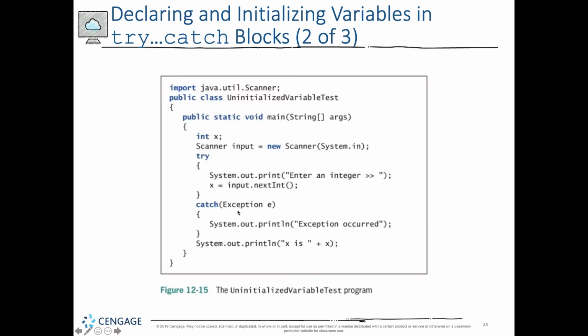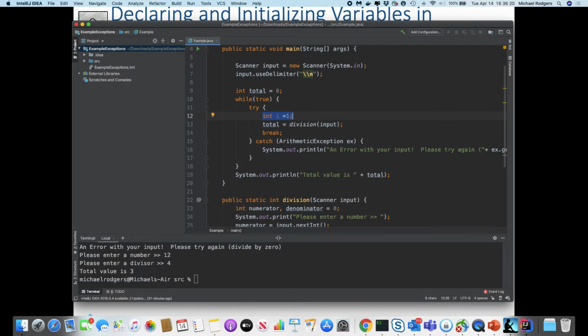An exception occurred, and then they do this here. But because x was never properly initialized, it's going to throw an error. And the error it would throw is uninitialized variable, right? We could see that example here.